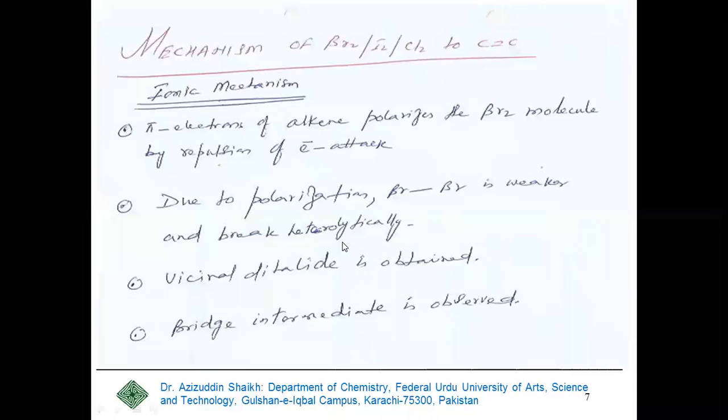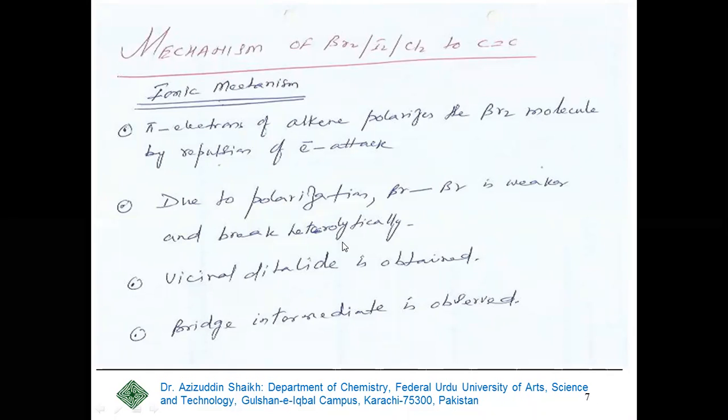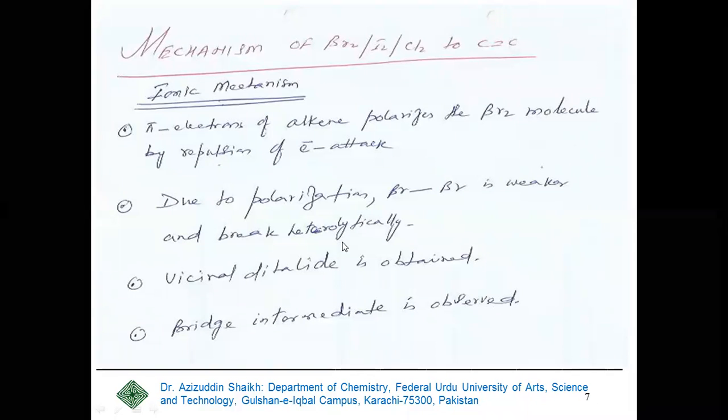Most of the time the bromine bond cleaves homolytically, but here, due to pi electron density, it is polarized and breaks heterolytically. Heterolytically means one bromine has a partial positive charge and one has a partial negative charge.